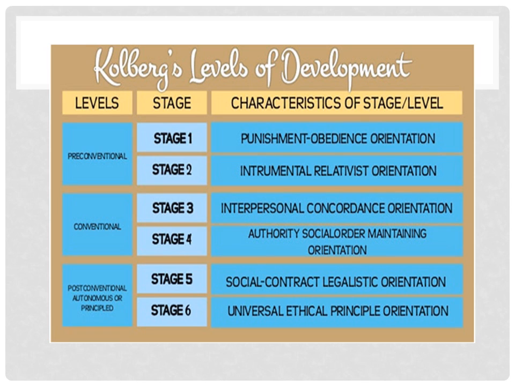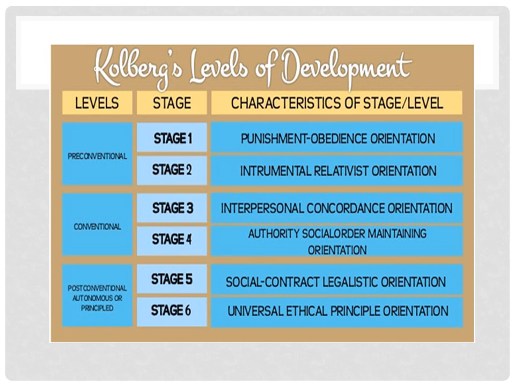In pre-conventional stage 1, the characteristic is the punishment and obedience orientation. Sorry, this is the first level, and it focuses on children younger than 6 years old.